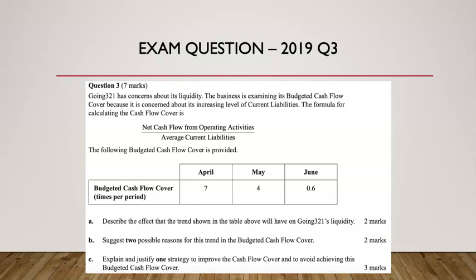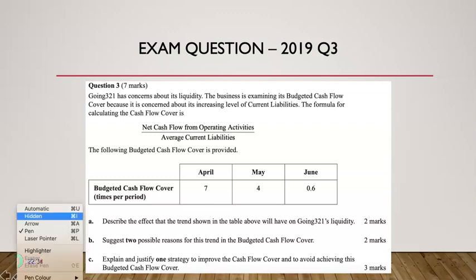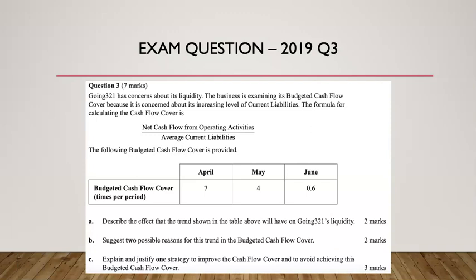The next question we'll look at is question 3 from that exam. So you can see how important liquidity was in 2019 to the examiners. They had 2 exam questions related to it. This question related to the business called Going 321, which again had concerns about liquidity. Here we've been given the budgeted cash flow cover, which has gone from 7 times to 4 times, all the way down to 0.6 times.